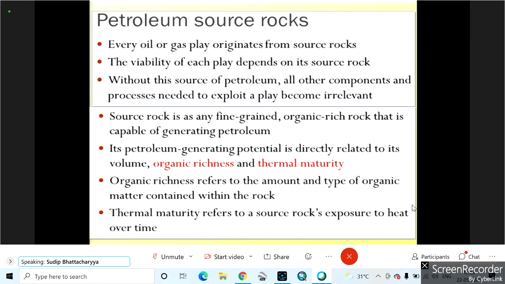Now, petroleum source rock. I have told you that petroleum is also a part of it. So petroleum source rock means it is an organic rich rock.